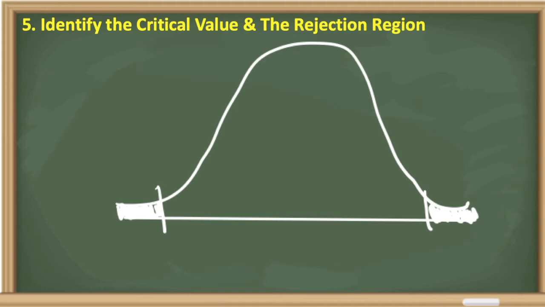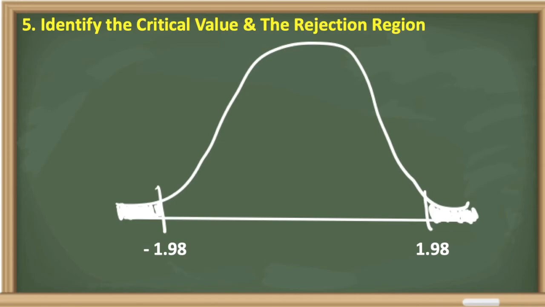Step 5 has us identify the critical value and the rejection region. Keep in mind, we just found our critical value a moment ago, and we said that our critical value is 1.98. So what we're going to do is put that on both sides of the graph that we've created. On the far left side, we're going to list this as negative 1.98. And on the far right side, we're going to list this as positive 1.98.